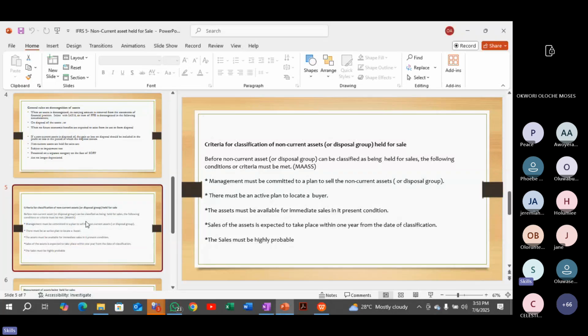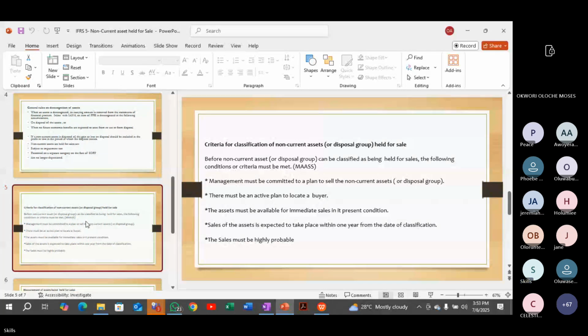For this standard, we have an acronym to use. That acronym will always help you. It is not the standard that is forming the acronym for you, please take note of that. But the acronym will help you regarding what you need to know about this standard.